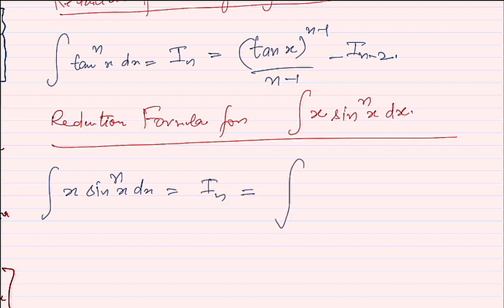So of course we have to integrate by parts. What will be our first integral? Our first integral will be this one. Okay, and second integral will be sin x dx.